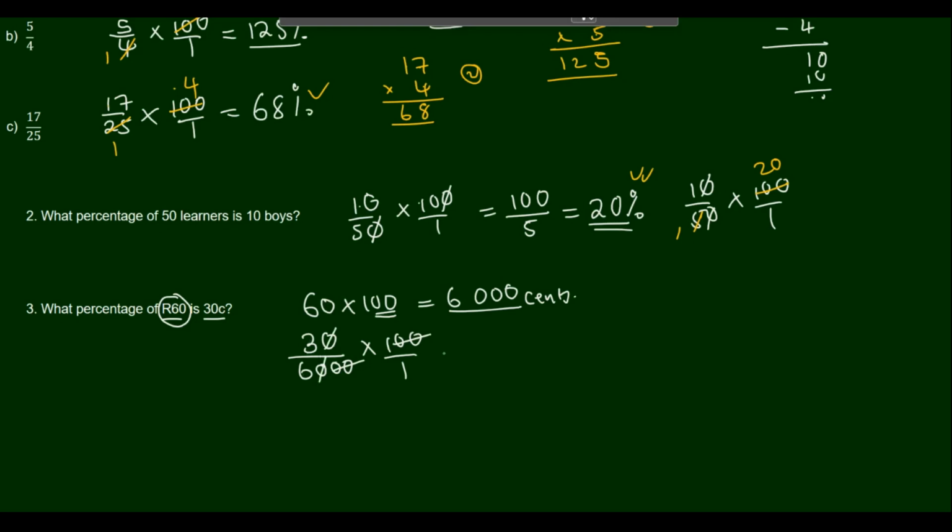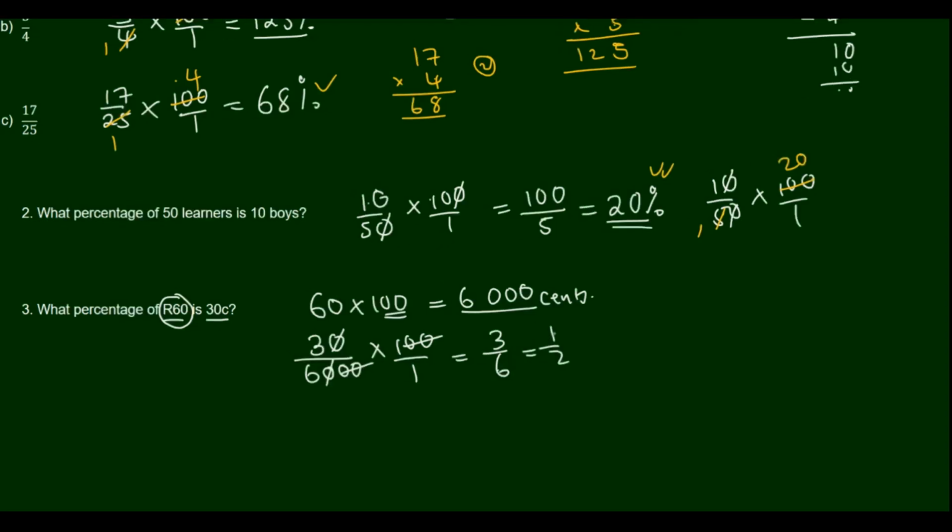With 3 over 6, which is 1 over 2, because 3 into 3, 1, 3 into 6, 2. So it's 1 over 2. And then what is half as a decimal? We must know this. This is 0.5. So meaning that 30 cents is 0.5% of 60 rand. That's the answer.